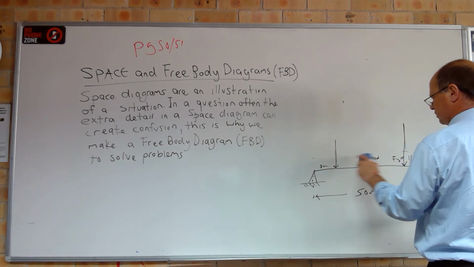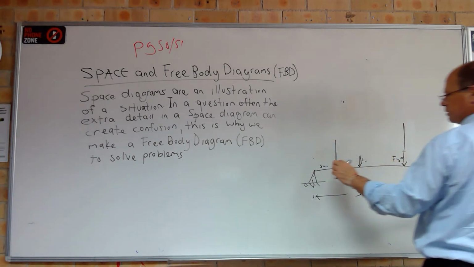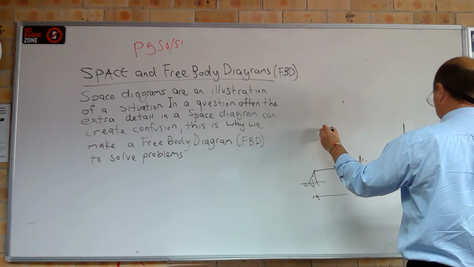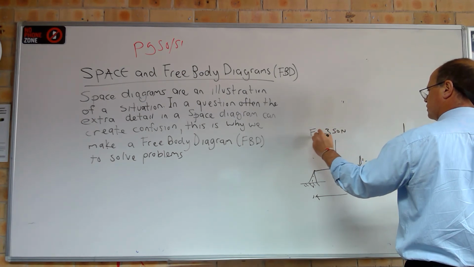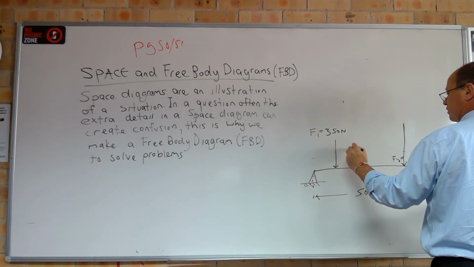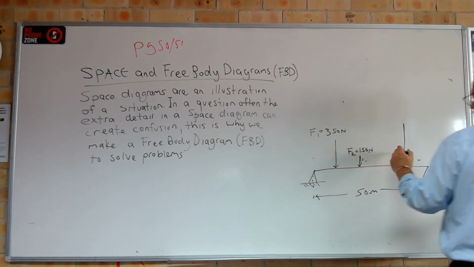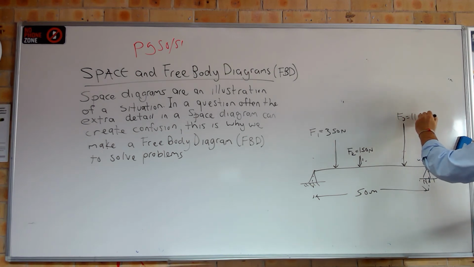Let's neaten this up because this is a mess. Okay, I think we said it's 35, so we're going to go 350 newtons, F1. This one was F2 equals 150 newtons, and F3 equals 100 newtons.